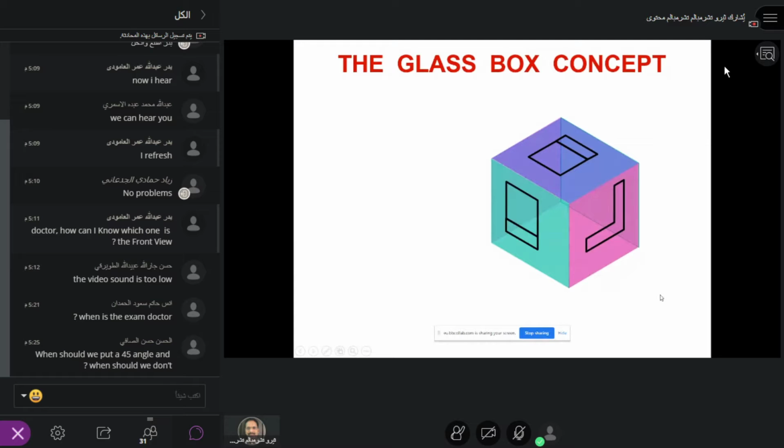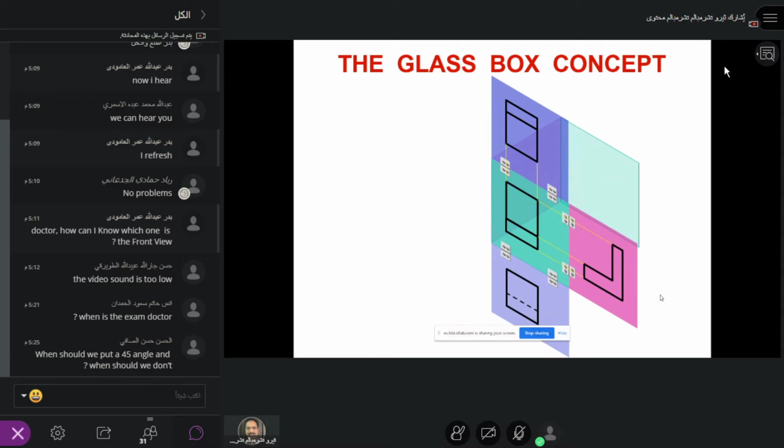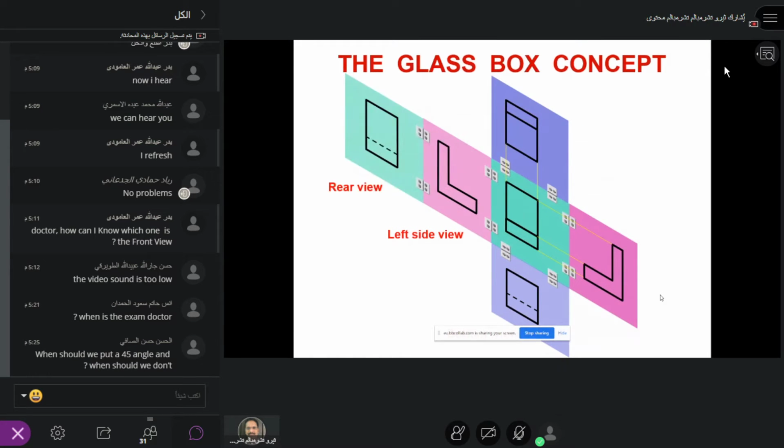This is what we have done. So put a nail on it and then just extend it. This is my right side view, and this is the top view, bottom view, and the left side view, and then of course the rear view.